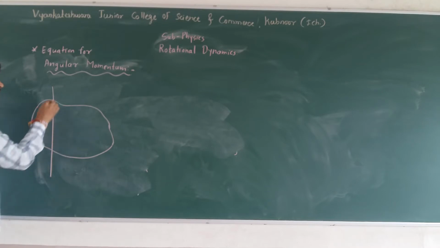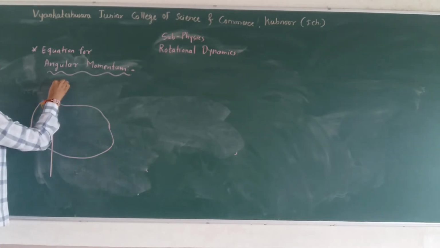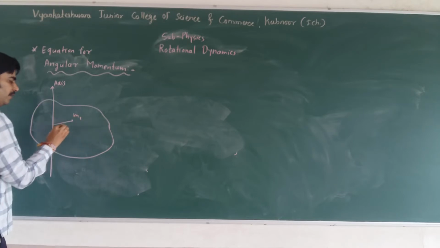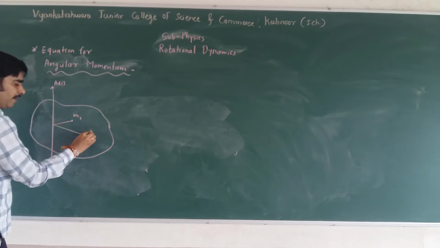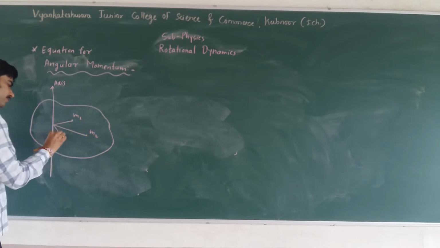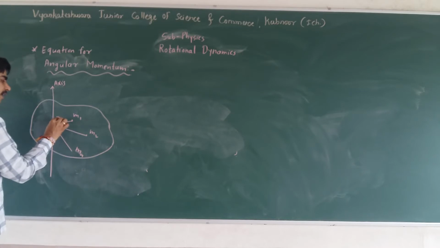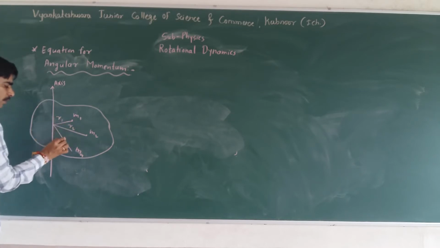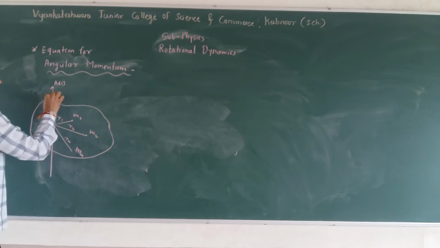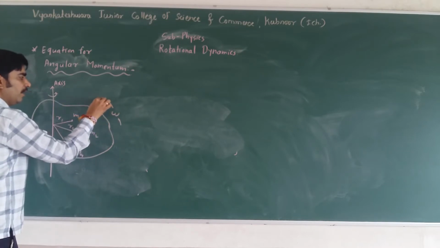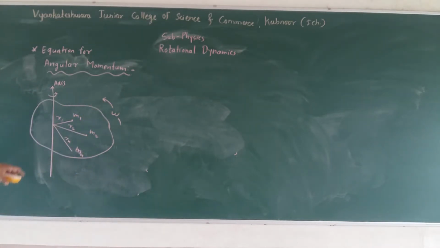This is the axis of rotation, having the masses m1, m2 up to mn at distances r1, r2, rn. All the particles are rotating with constant angular velocity omega.